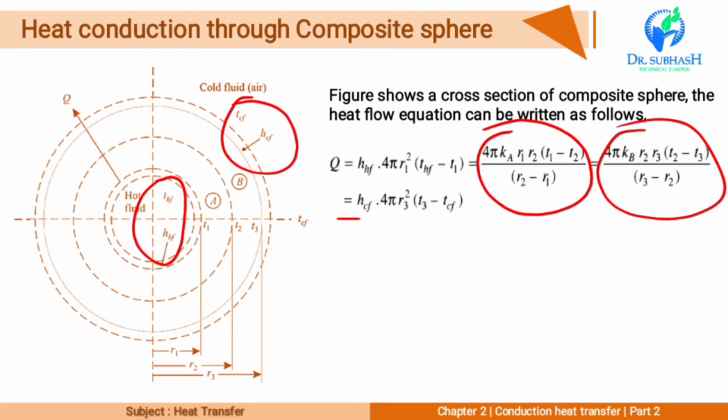Now the heat transfer from the outer side of layer B to the cold fluid, say atmospheric air, is again written from Newton's cooling law as h_cf into area 4 pi R3 square into (T3 minus T_cf).